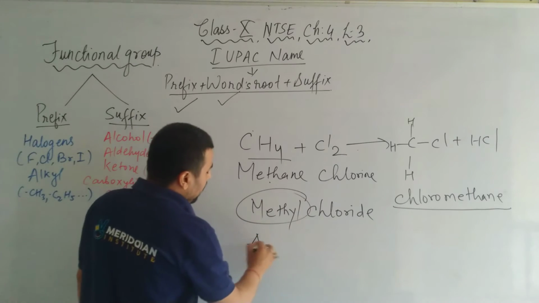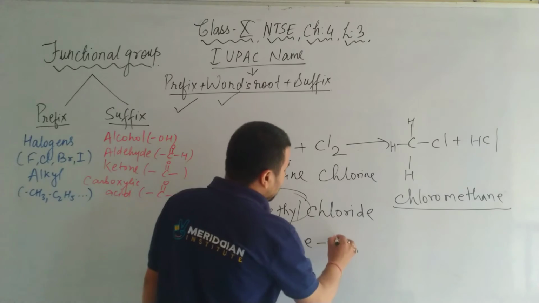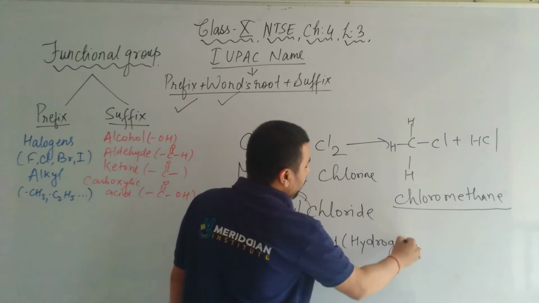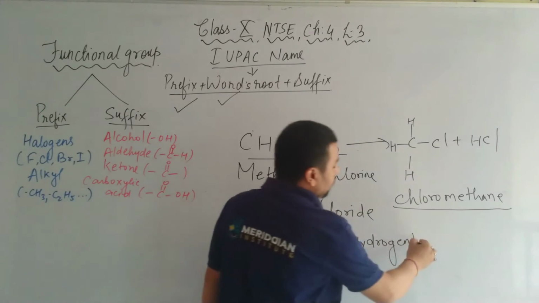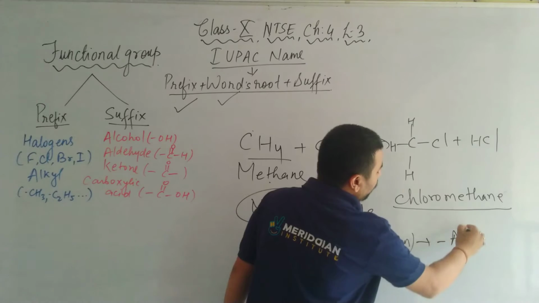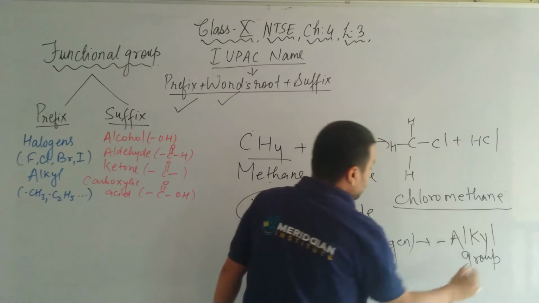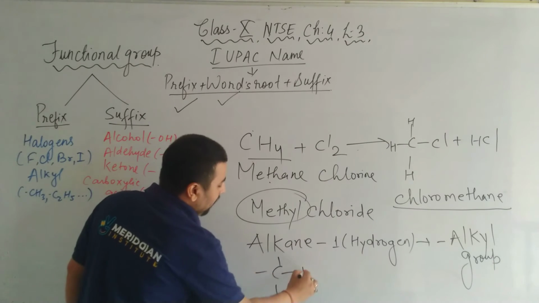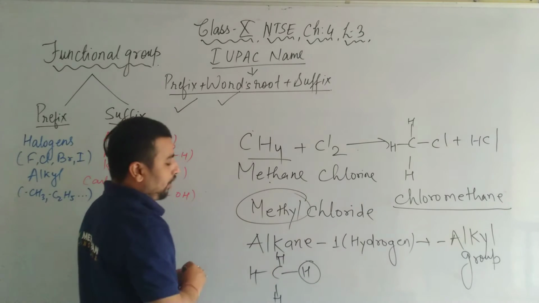Dear students, if you remove one hydrogen atom from an alkane, it becomes an alkyl group. Which group? Alkyl group. Remember these words, dear students. How will it become? Just suppose there is methane, ethane, any carbon in the form of alkane, and we remove one hydrogen atom.